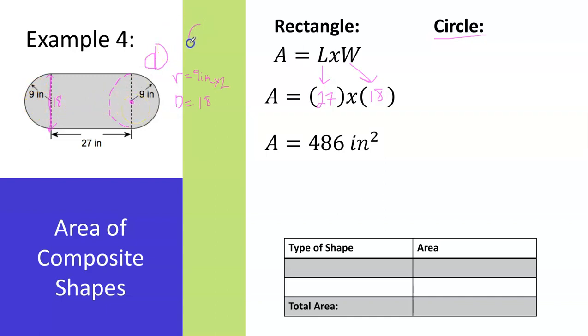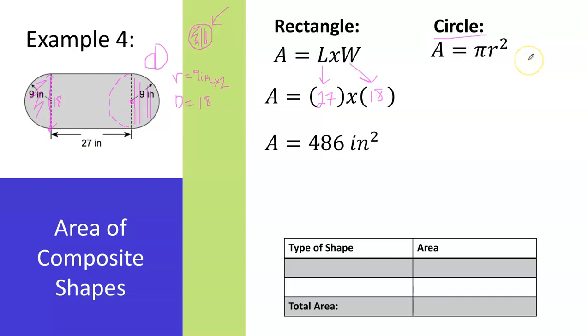So if I were to draw this semicircle, shade it in on the left side, draw vertical lines on it, and then attach that semicircle to the right side, you will see one entire full circle. So I can actually just use the formula for a whole circle.